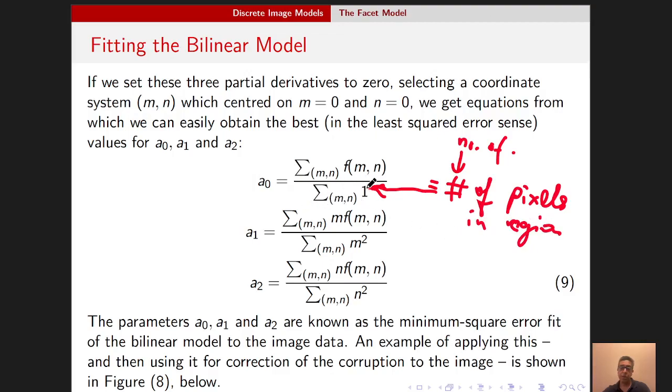So this summation here, let me just make that clear, simply equates to the number of pixels in the region. When you actually work through this, you'll find that you get the summation of the value 1 for as many pixels as are in the neighborhood. So I've left that in there so you can see where this comes from.